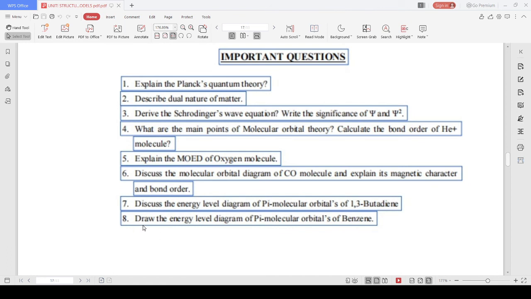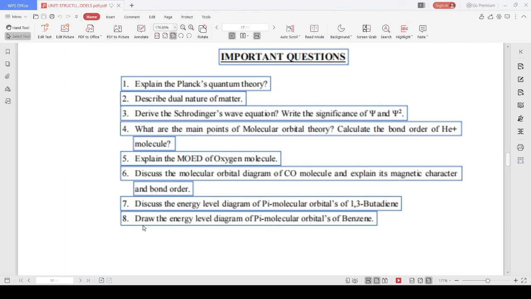Seventh, discuss the energy level diagram of pi molecular orbitals of 1,3-butadiene. Draw the energy level diagram of pi molecular orbitals of benzene.